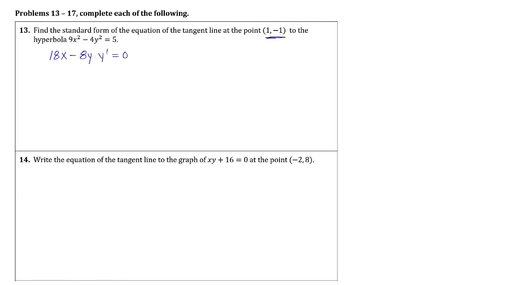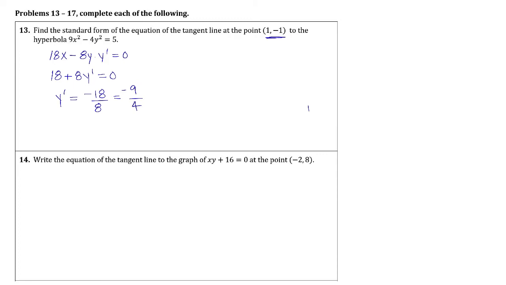And again, we can solve this by subbing in our point (1, negative 1). So I have 18, and that's going to give us plus 8 y prime equals 0. And so y prime equals negative 18 over 8, or that's going to be negative 9 over 4.